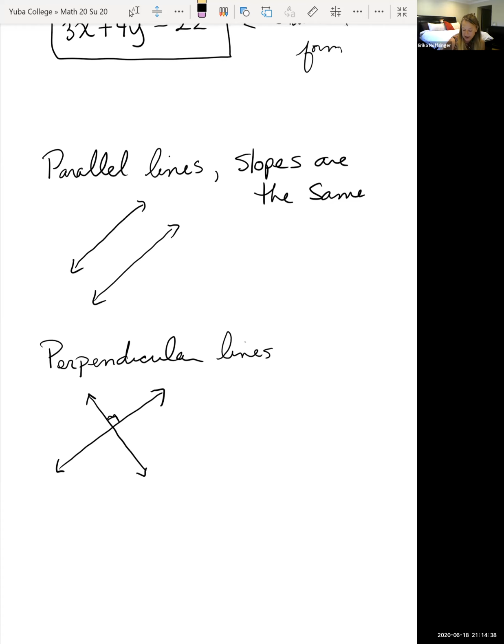So if m, let's say m equals a over b, is the slope of one line, then the perpendicular line is negative b over a.